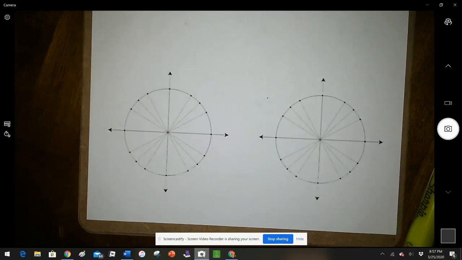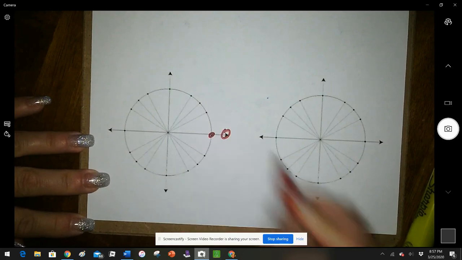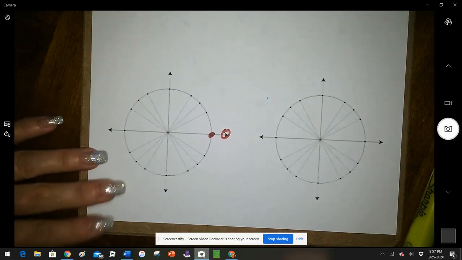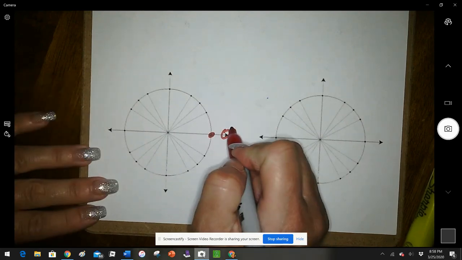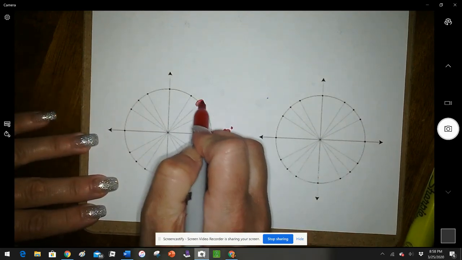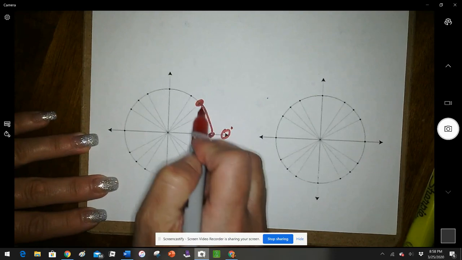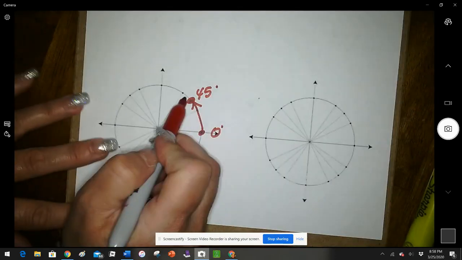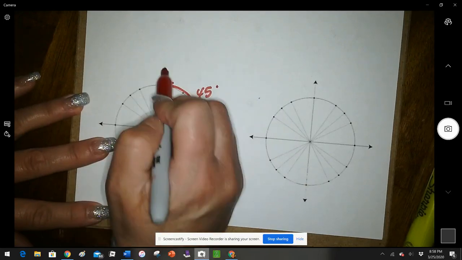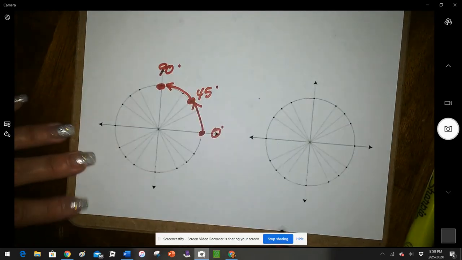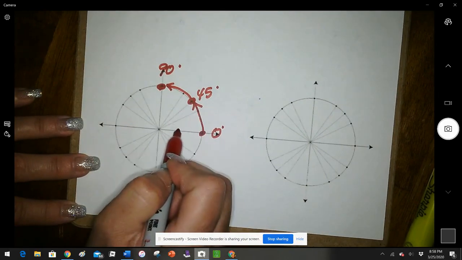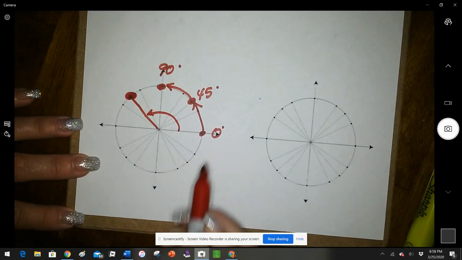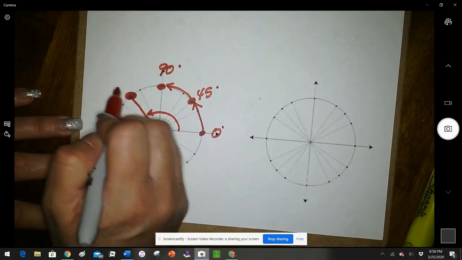Okay, so here we are again at 0 degrees. We're also at 2 pi, but let's start with degrees first. And so we're talking about these points. So if I count up 45 degrees, and then I go up one more time, I'm at 90 degrees. Okay. If I go another 45 degrees, I'm going to end up here, which is at 135.